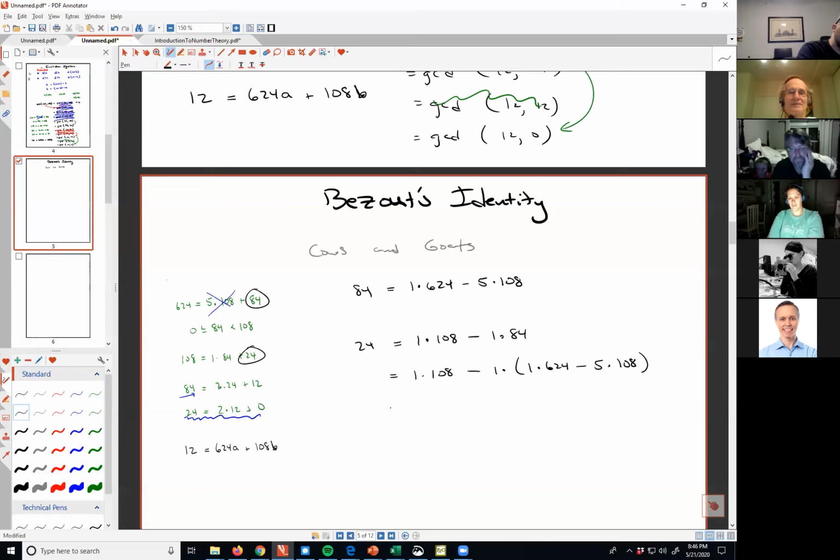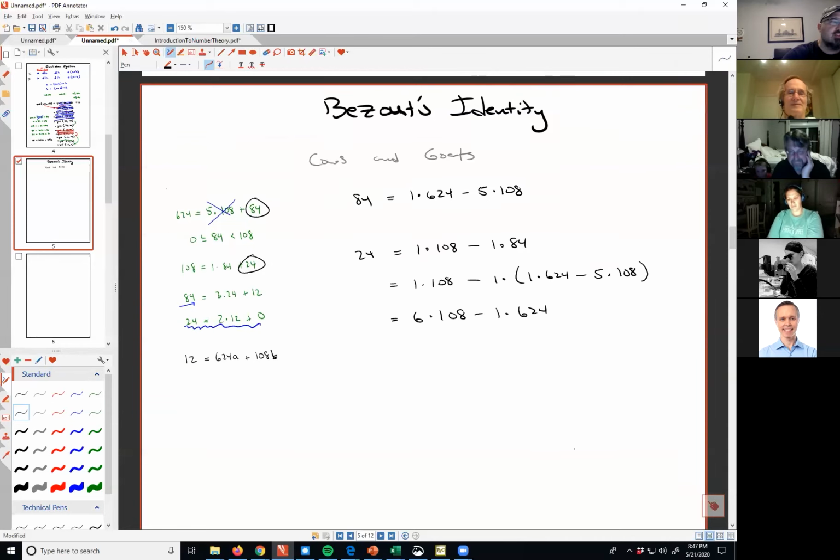And so where are we now? We're at 6 goats minus 1 cow. And let's check the arithmetic. 648 minus 624, okay. Still works, that's all fine.